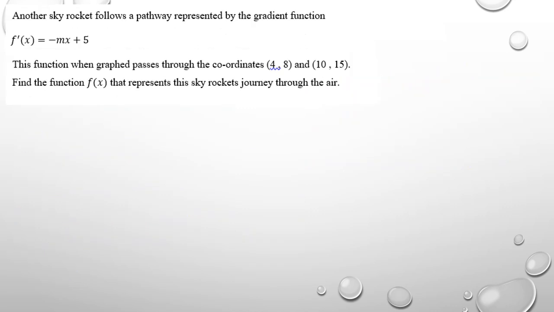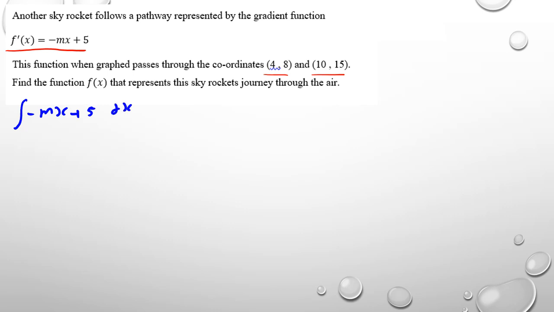Okay, this time I've been given another skyrocket, but this time I'm given the gradient function, or the derivative function. It gives me 2 points that the original function passes through. Now because I've been given the derivative function, the first thing I will do is anti-differentiate with respect to x.